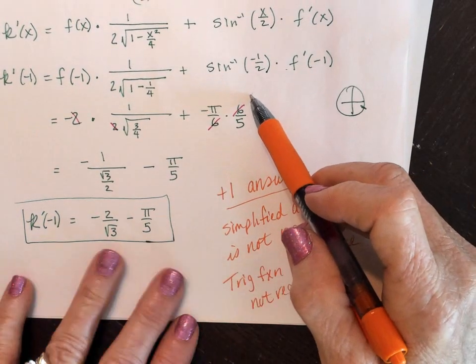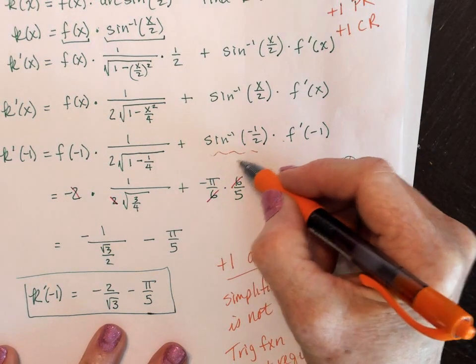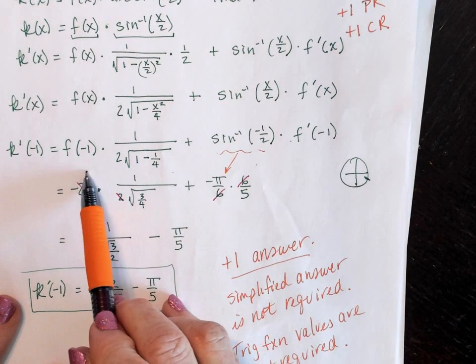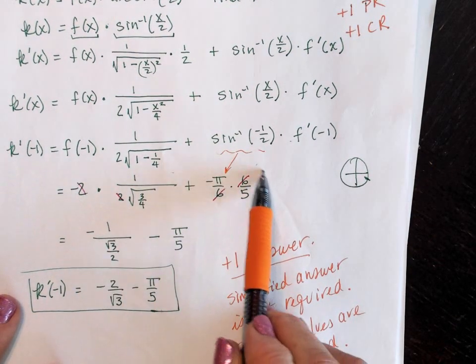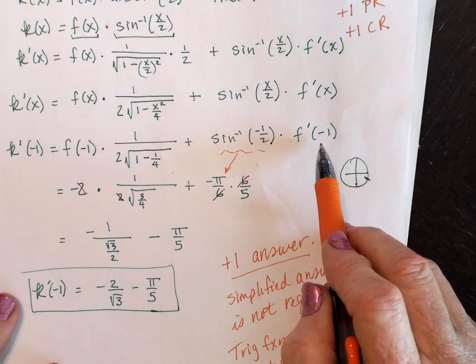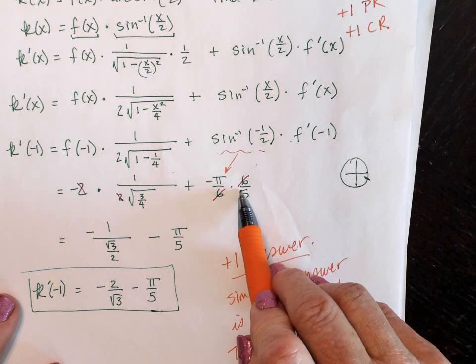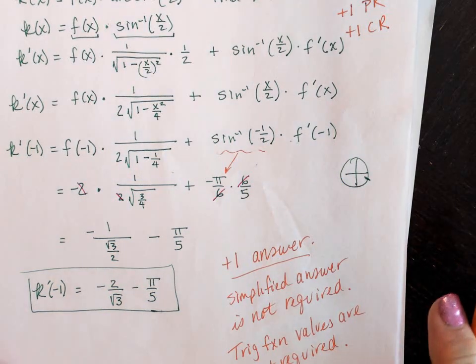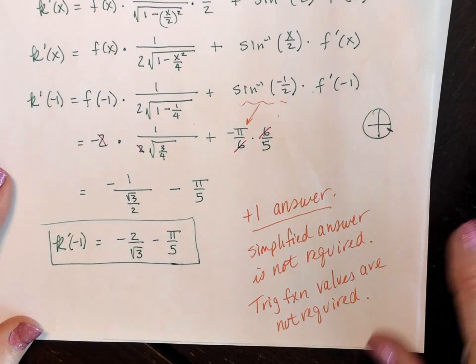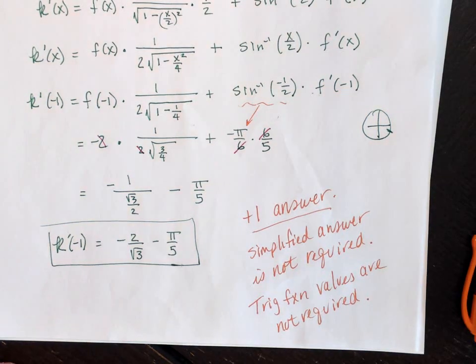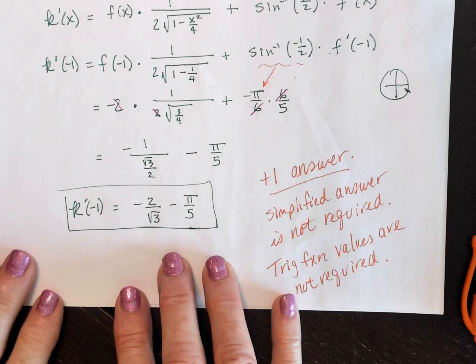So you don't have to do this inverse sine of -1. You don't have to do that. And you don't have to simplify all of this mess right in here, right? You could probably stop. Now, I would replace this f prime of -1 with that 6/5 and then stop. That would be perfectly fine. They don't want to catch you on arithmetic and that type of thing errors. So you do not have to simplify answers.